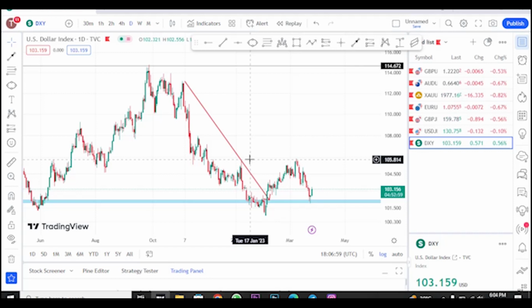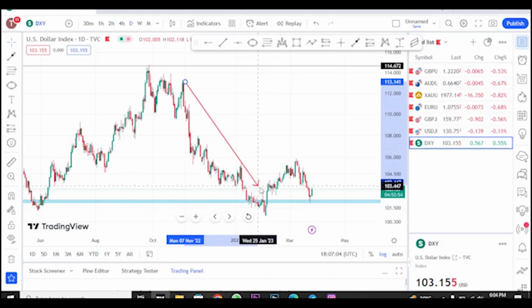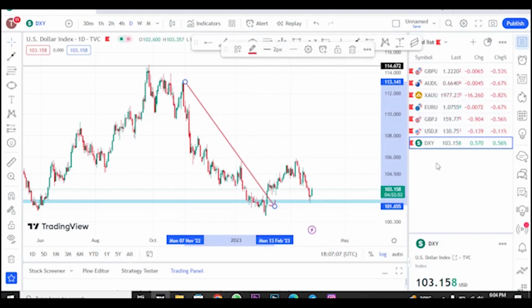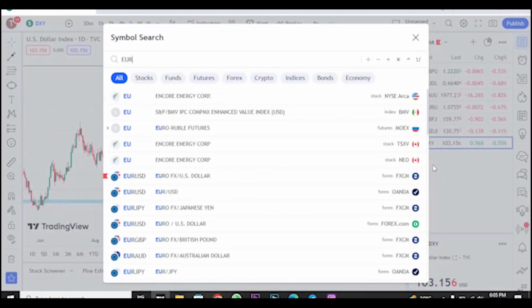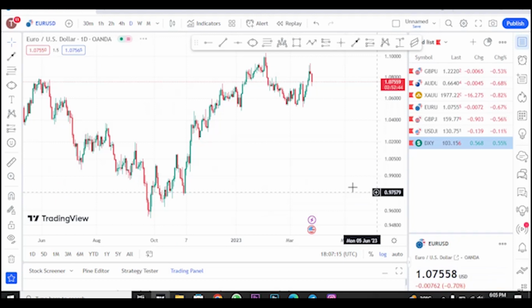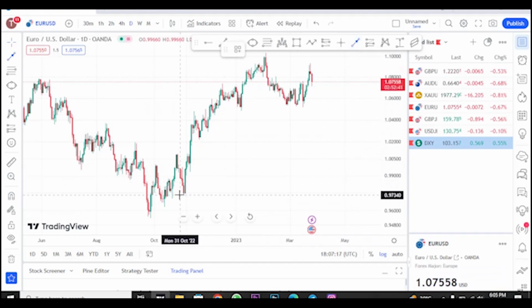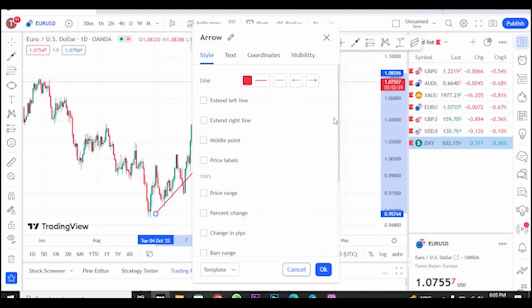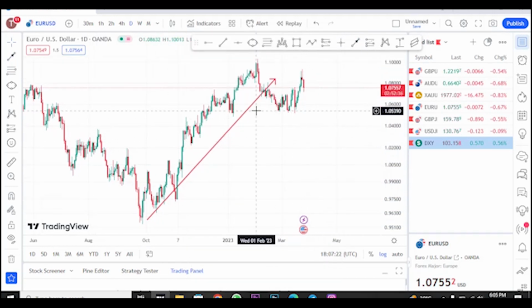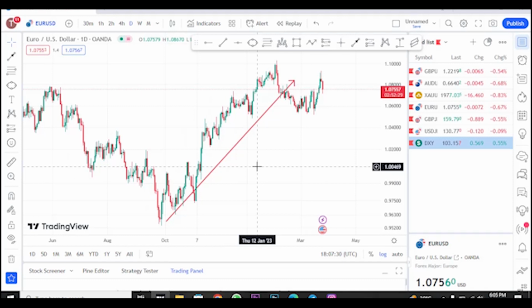On the DXY, you can see as price was moving in a bearish type of movement, the EUR USD was moving massively in a bullish type of movement. And when the US dollar is moving in a bullish type of movement, vice versa, it also moves in a bearish type of movement.